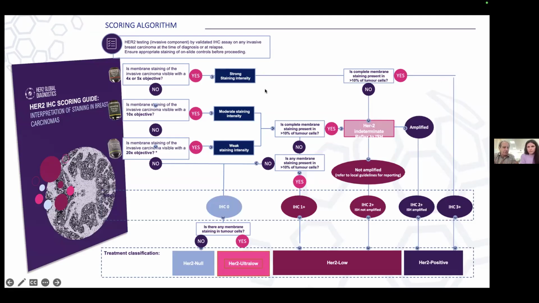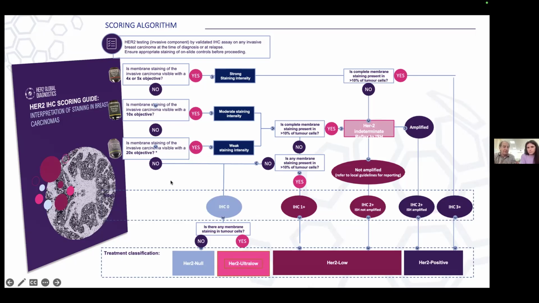And this is very much a practical algorithm. You look at the guidelines, they don't tell you this, but then you speak with the pathologist and they say, well, this is how we work. So this is practical, put on paper what we practically do.